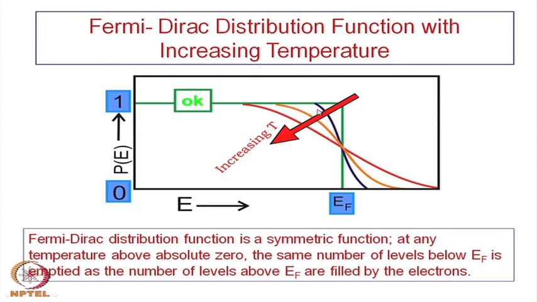So, it also means that the area under the curve is proportional to the total number of electrons which will acquire additional energy and go to the higher energy level.